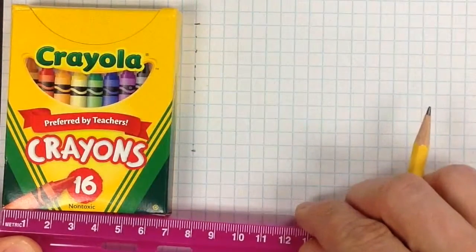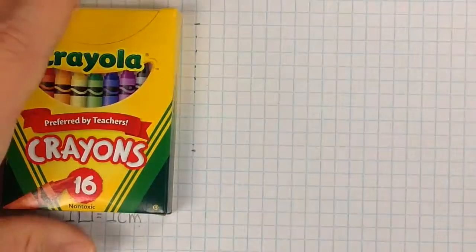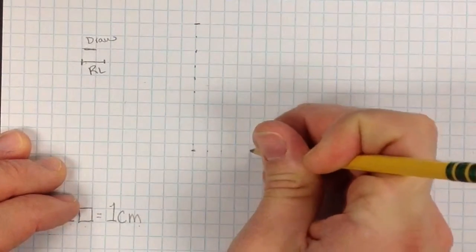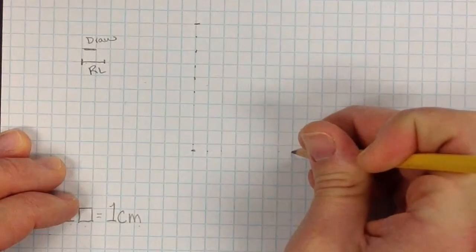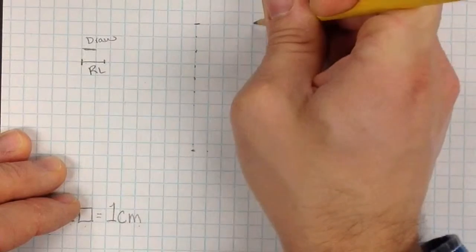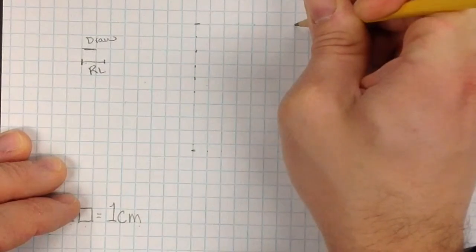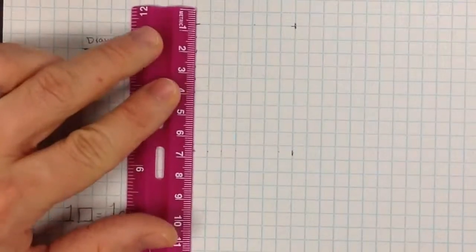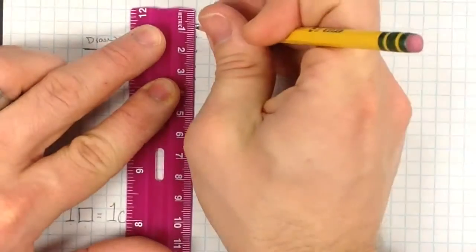And I also have 7 centimeters of width. 1, 2, 3, 4, 5, 6, 7. So 7 and 9.5. Now I can draw the face of my crayon box.